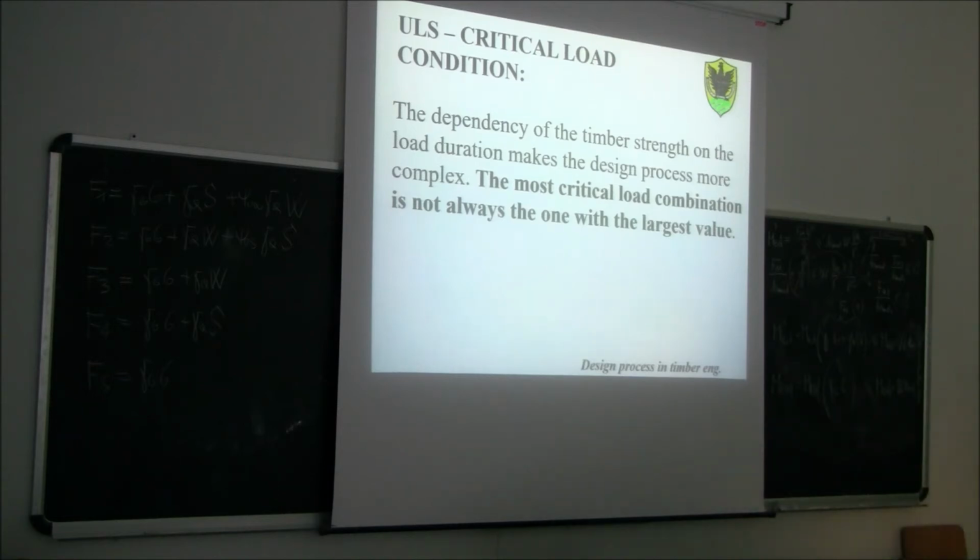Is it clear? So, practical application: here you see 5 load combinations. I calculate the 5 K mod factors. I calculate the ratios F1 divided by K1, F2 divided by K2, F3 divided by K3, F4 divided by K4, F5 divided by K5. Then I get 5 values. I take the maximum value.